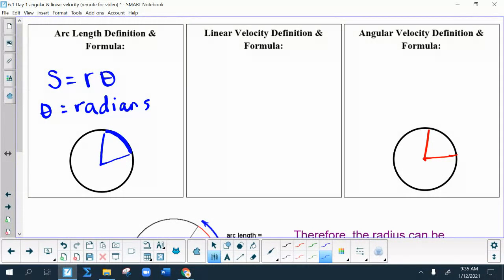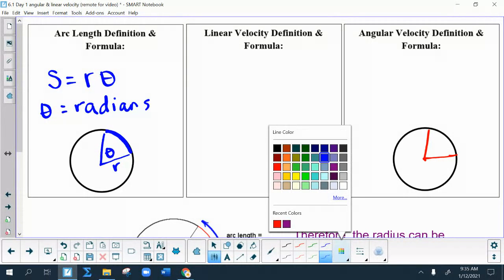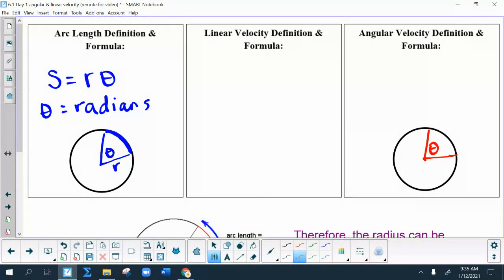Let me go back over here and label this as theta, and this is R. For this one, we also need to know what theta is. What you want to think of is how quickly your angle is turning, almost like revolutions. How fast is the circle turning over a certain unit of time?